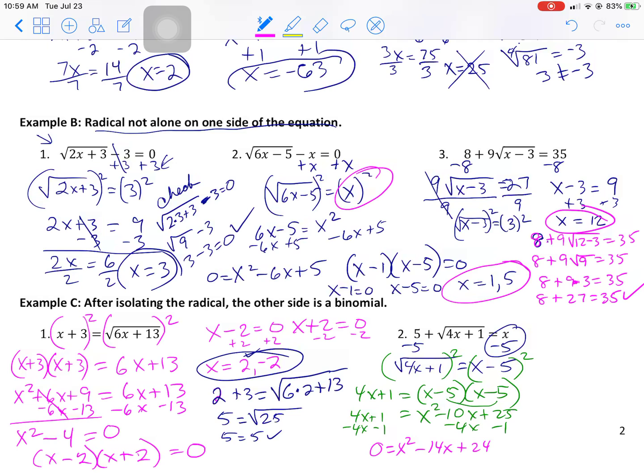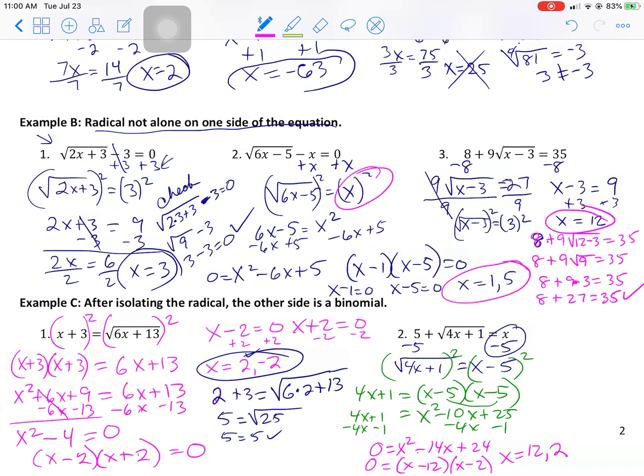I believe that's going to factor. 12 and 2 are factors of 24 that add up to 14. Signs are double negative because the negative is first and then the positive. So that means x equals a positive 12 and a positive 2.